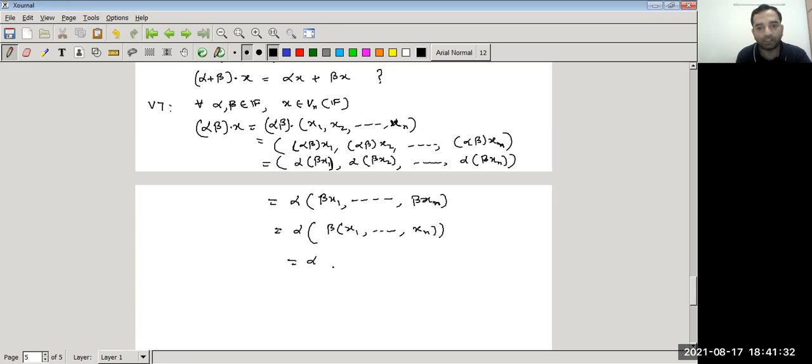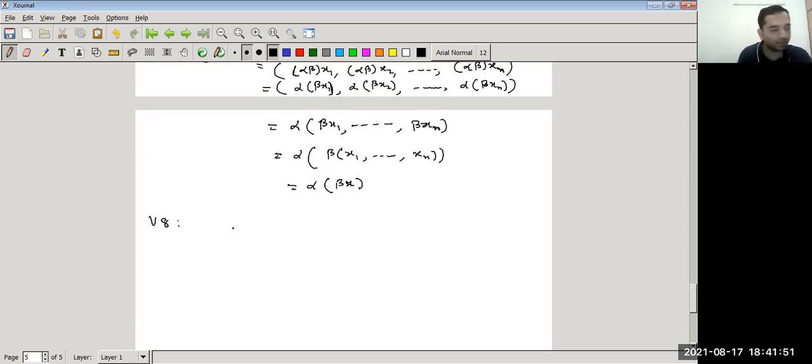So this is nothing but alpha into beta x. In this way we can prove the seventh property.